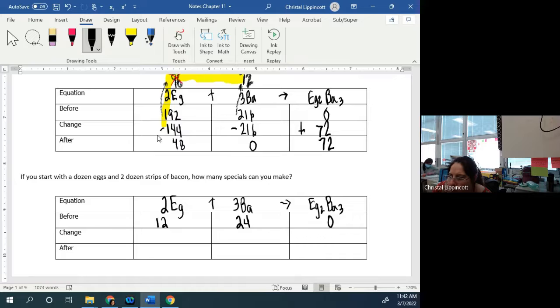We're going to go up through the cloud or up into here. When I go up, what do I do? Divide. So 12 divided by 2 is 6. And 24 divided by 3 is 8. We get rid of all but the smallest number.